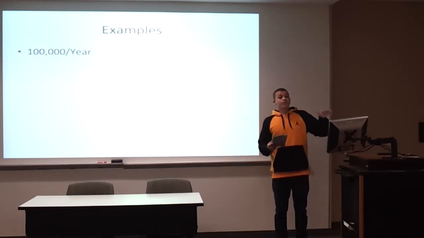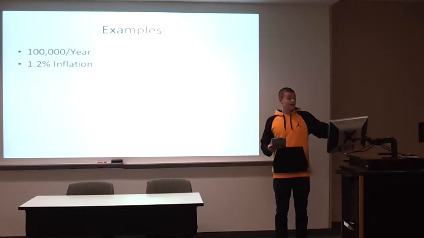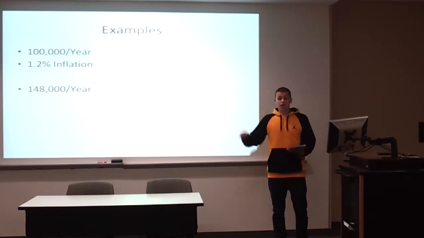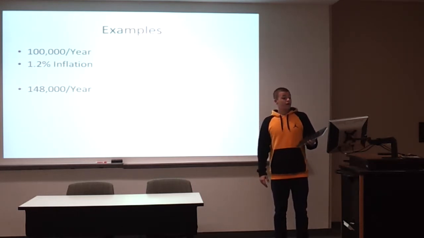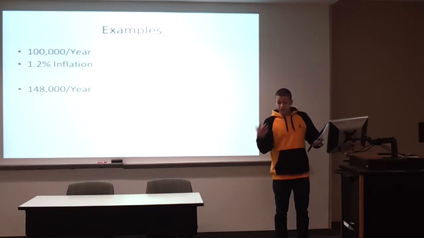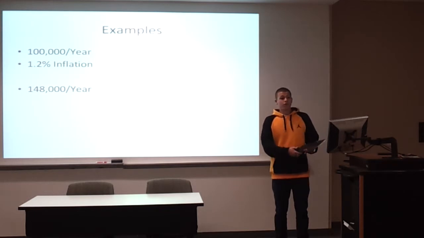But if you want to buy the same things or pay the same bills that you're paying right now with $100,000, after 40 years, with a 1.2 rate of inflation, you have to be making $148,000 to buy the same things that you're buying right now at $100,000, correct?